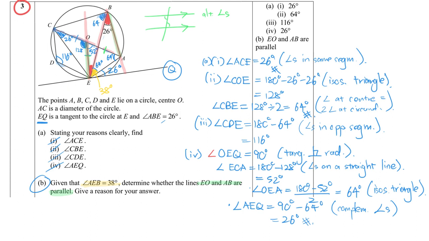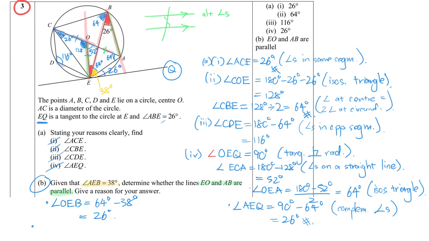the two lines are parallel. So let's double check. So angle OEB, the really tiny one in red over there, is found out to be 64 degrees minus 38, which is 26 degrees.